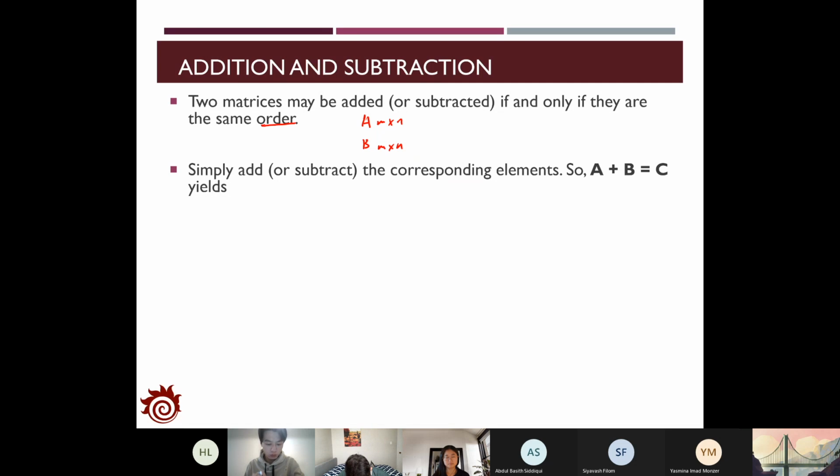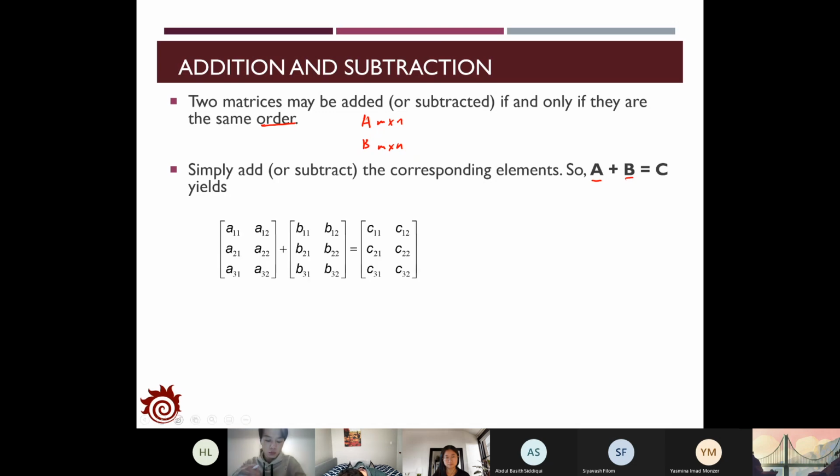To do the addition and subtraction, you just simply add or subtract the corresponding elements. The element in the matrix A, say A11, should be added to the first element, B11, in the matrix B, and that's how you get the result.